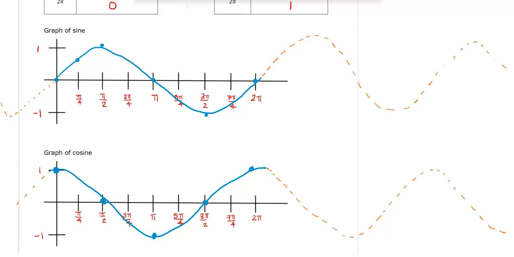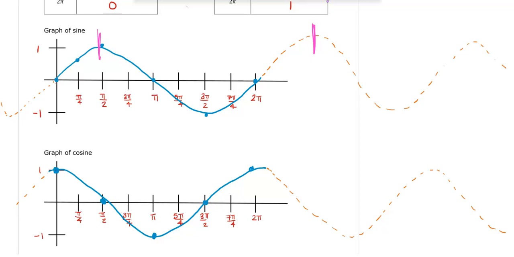So they look very similar when you consider the constant repetition. For example, I could identify that I have the same exact cosine graph from here to here, right? Because that starts at that 1 and goes down to the -1 and comes back up to 1.